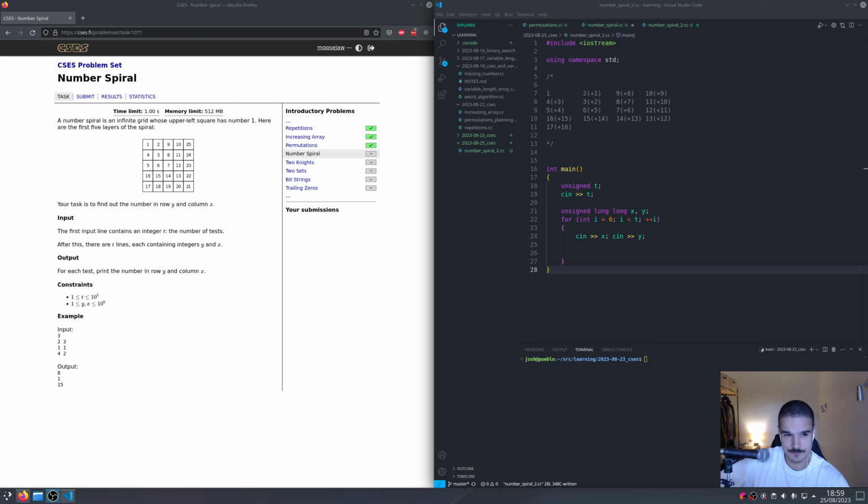I think I'm getting somewhere with it though. And that is that it is definitely to do with these square numbers and also whether x and y is even or odd.